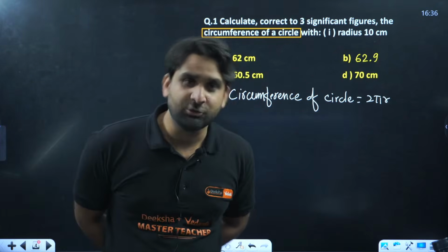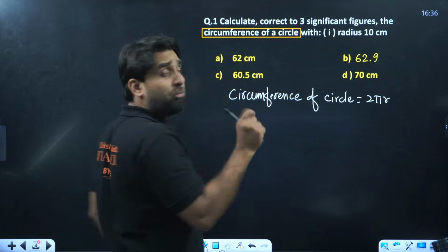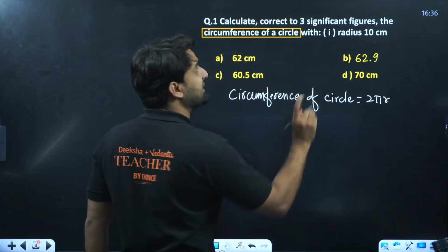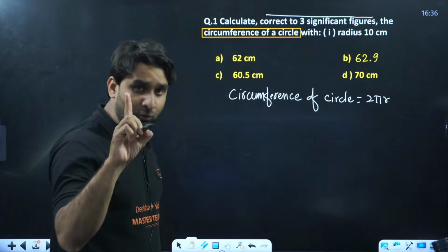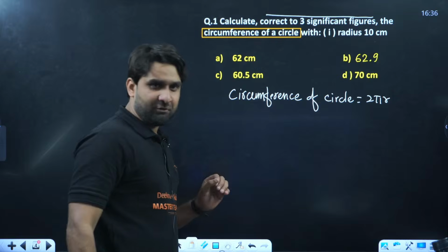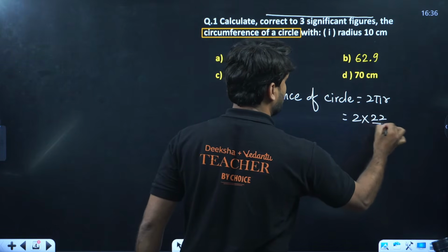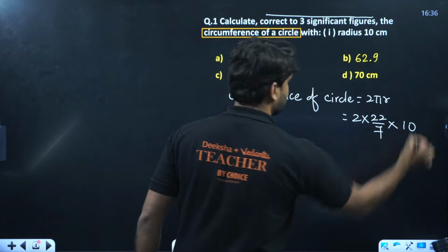Circumference of circle is 2 pi r, and the radius is 10 centimeter. The most important and interesting thing here is that you have to write the answer correct up to 3 significant figures. Please understand. Let's apply the formula first. 2 pi is 22 by 7 and the radius is 10 centimeter.